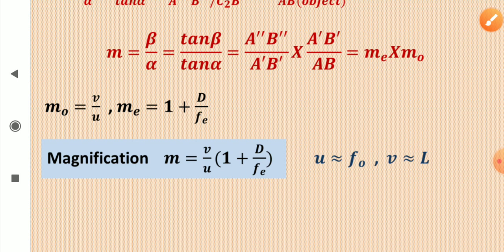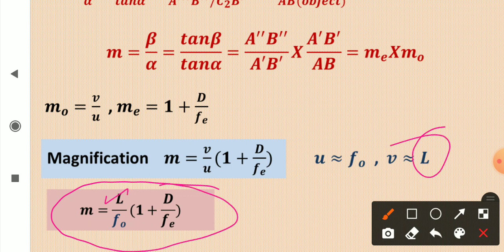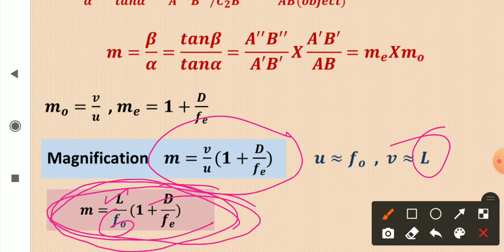And if I do so, the relation for magnification becomes L upon FO into 1 plus D upon FE. Now, this relation is approximate relation. This relation is not the right one; this is the exact relation, and this one is the approximate relation.